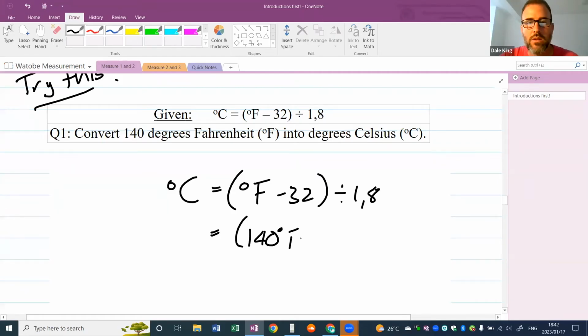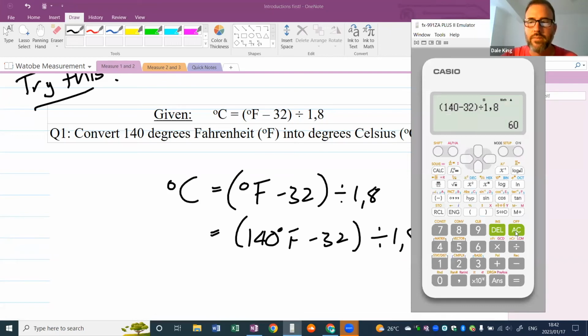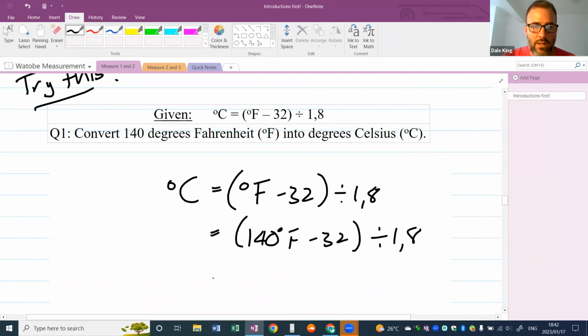And then I'm going to minus 32, close the brackets, and divide by 1.8. Then you go to your calculator and you can type it in exactly like you see it. So 140 minus 32 divide by 1.8. Hit enter. And yes, it should give us 60 degrees Celsius.